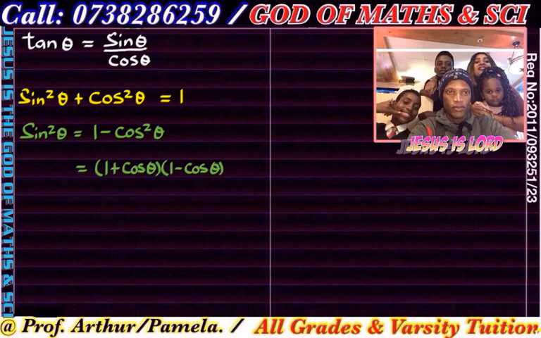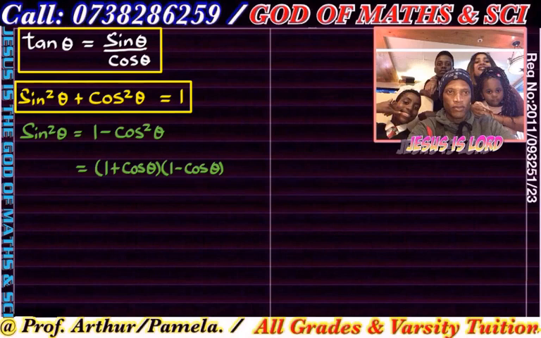Alright, but you can also solve, so let's put this in a bracket because it's that and that rule there. So you can solve for cos squared here. So if you're solving for cos squared, you're gonna have cos squared of theta equals to 1 minus the sine squared of theta.